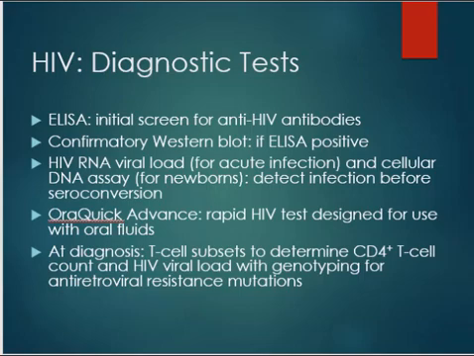Another test is the OraQuick Advanced, which is a rapid HIV test designed for use with oral fluids. And then at diagnosis, T cell subsets are used to determine the CD4 T cell count and the HIV viral load with genotyping for antiretroviral resistance mutations.